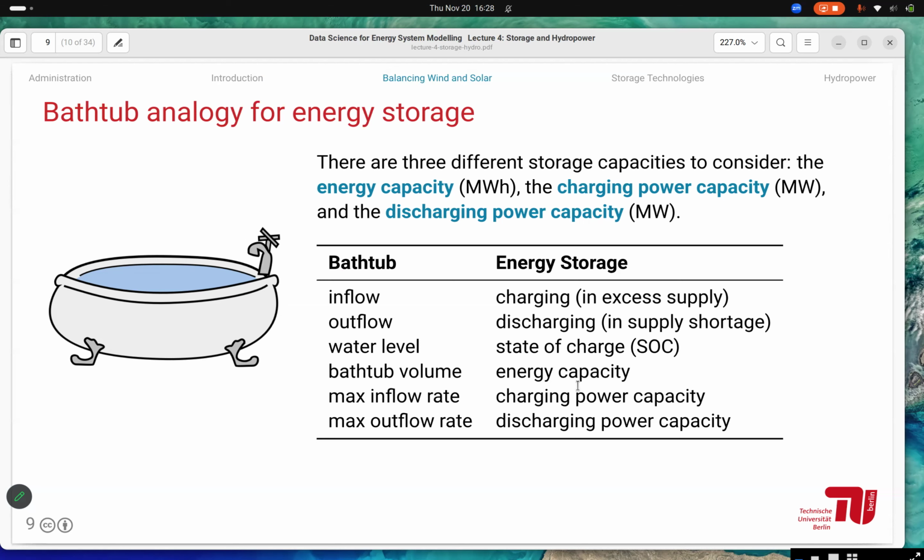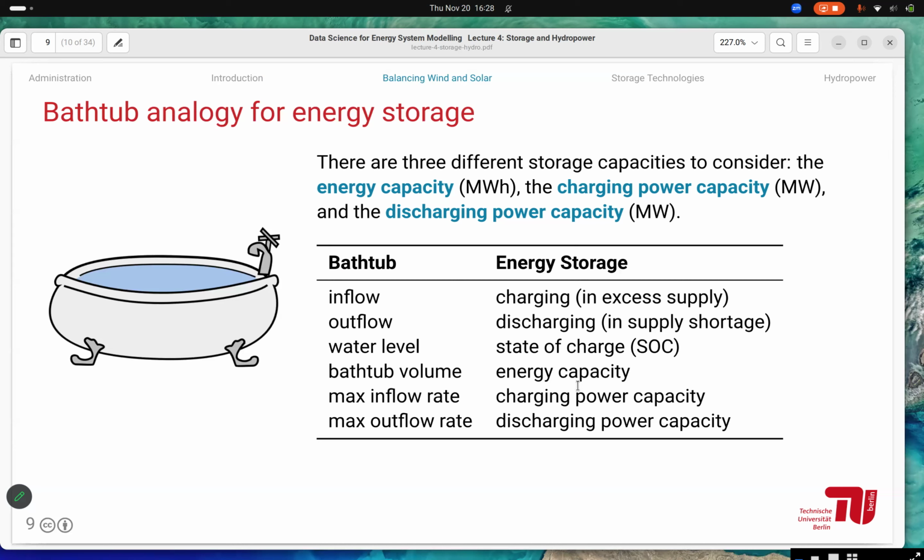How quickly can I put water into the bathtub? That would be the equivalent to the charging power capacity of the storage. How quickly can I put electricity or energy into it? And then I also have a drain, which represents the opposite. How quickly can I get water out of the bathtub into the drain or somewhere else?